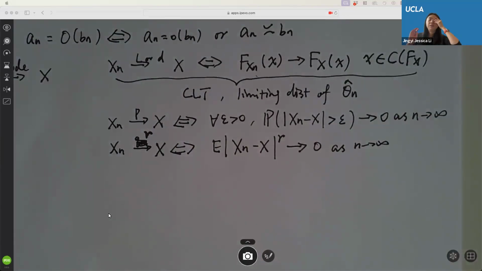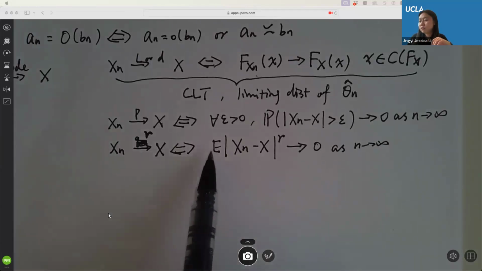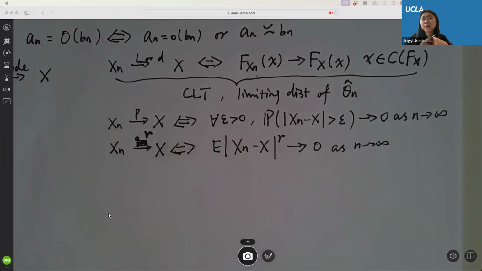So the difference here is that we're not looking at the violation probability, but we're looking at the overall expectation of this violation difference raised to power r. So in other words, we look at something on average.